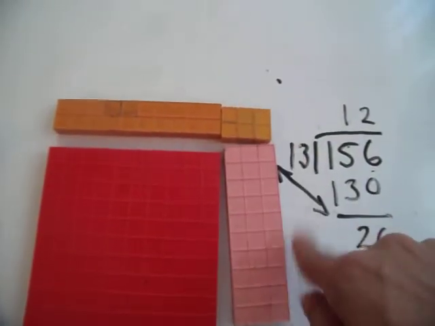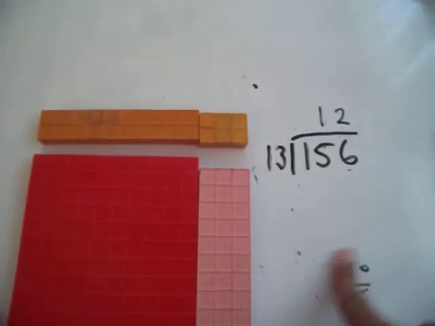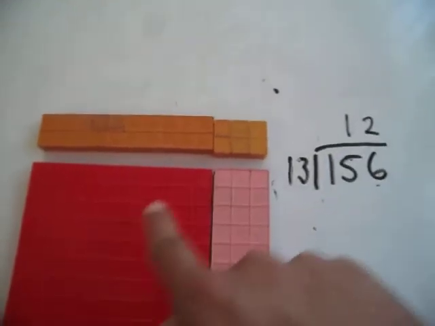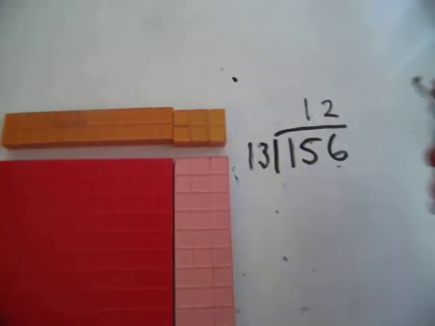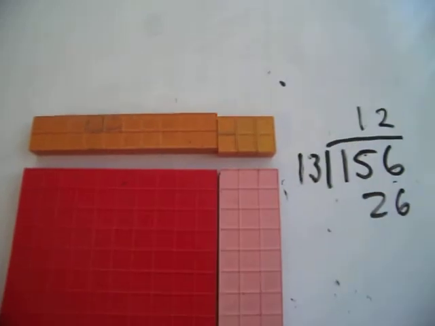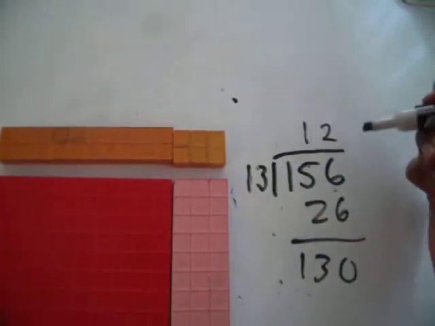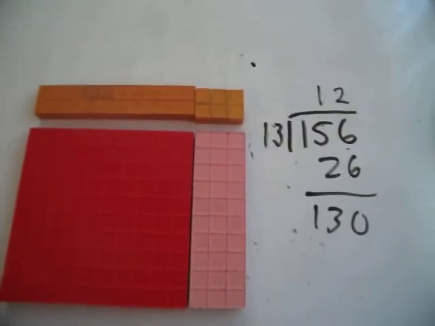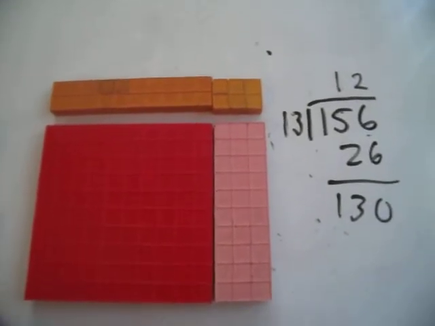Even if you show them once and they nod their heads and say, yep, got it, they'll get the blocks out, make the pattern, see that one side is 13 and the other side has to be 12, and then get confused about putting the 26. They're counting the 26, then they come down here and it's 130, and this is going to cause problems, I'm telling you, with alacrity.